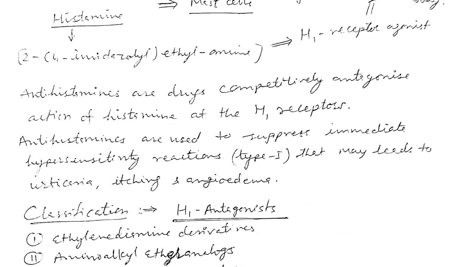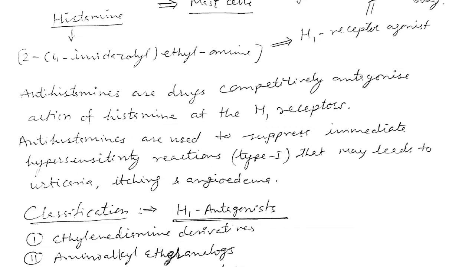The H1 receptor antagonists are antihistamines, drugs that competitively antagonize the actions of histamine at the H1 receptors. These antihistaminic drugs are competitive antagonists of histamine.